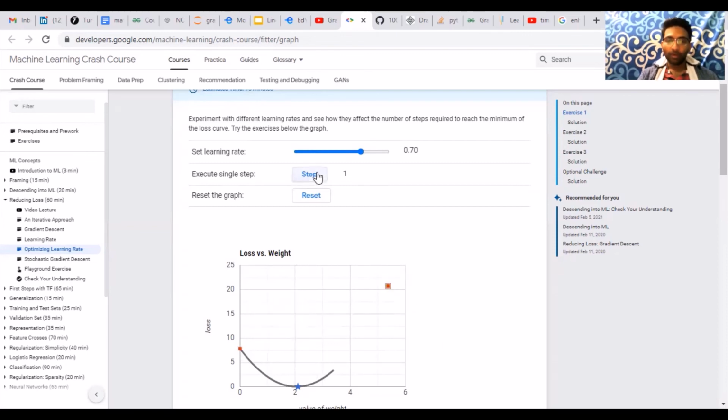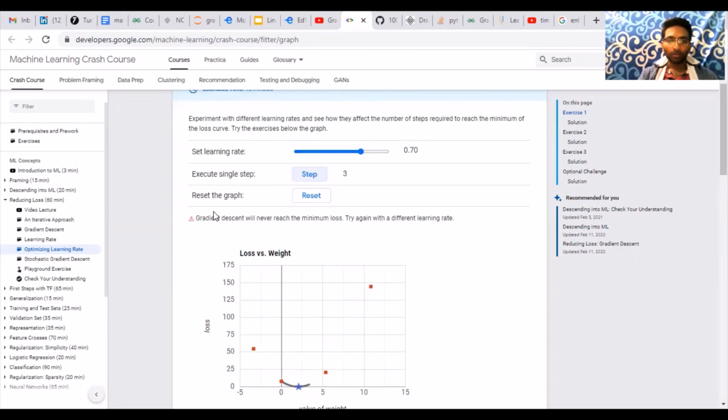And what will happen next, here? So what message is it giving me: gradient descent will never reach the minimum loss, try again with a different learning rate. As my learning rate was very high, it is traveling randomly anywhere and it will not reach the global minima.